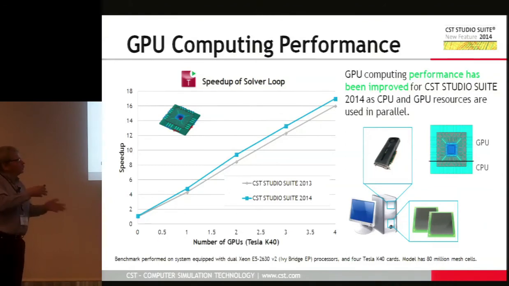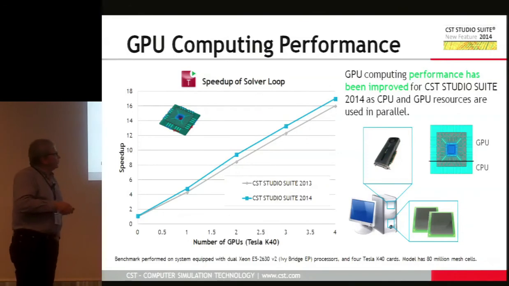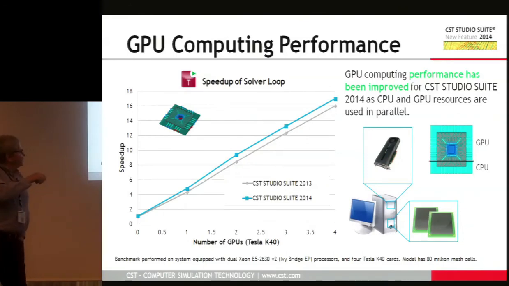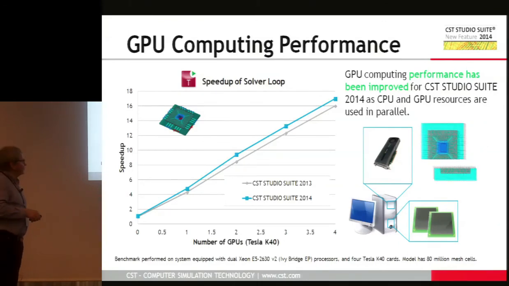So you have to load balance the work between the CPU and the GPU. So with this, you see here over the number of GPUs per node, up to 4 GPUs per node, in this case Tesla K40, you see the improvement from version 2013 to version 2014.